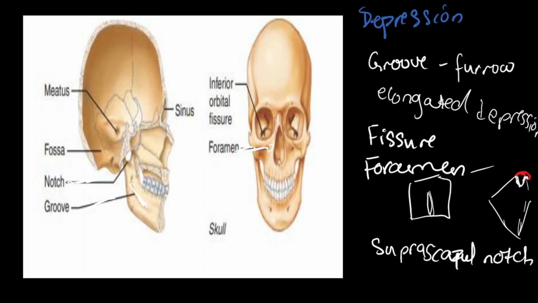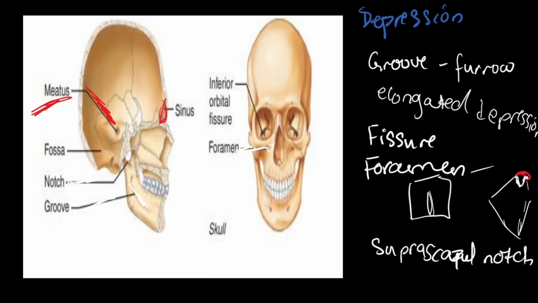Now the meatus is a canal-like opening. We can see here we have the meatus. It's a canal-like passageway. Then we have the sinus. The sinus is a cavity within a bone that is filled with air and lined with mucous membrane. We can see the sinus here. You can see it's just a cavity within the bone.